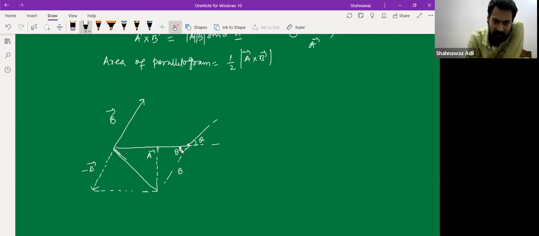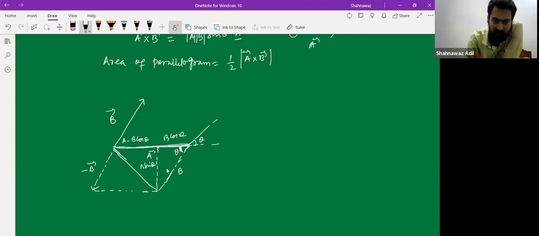This angle. This is theta and this is B, so this would be B cos theta, and this is B sine theta. And you see that this whole thing is A. So this distance would be how much? A minus B cos theta.